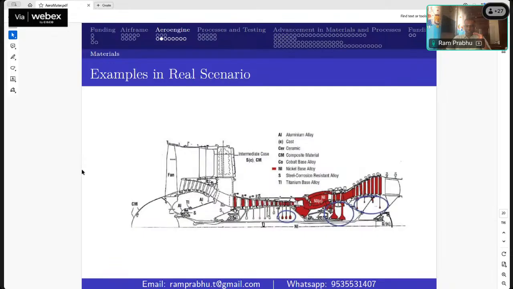Any regions experiencing temperature in the order of 450 to 500 or lesser, titanium alloys fit the bill. Any regions which experience a temperature of more than 500 degrees, you are left with the choice of superalloys.